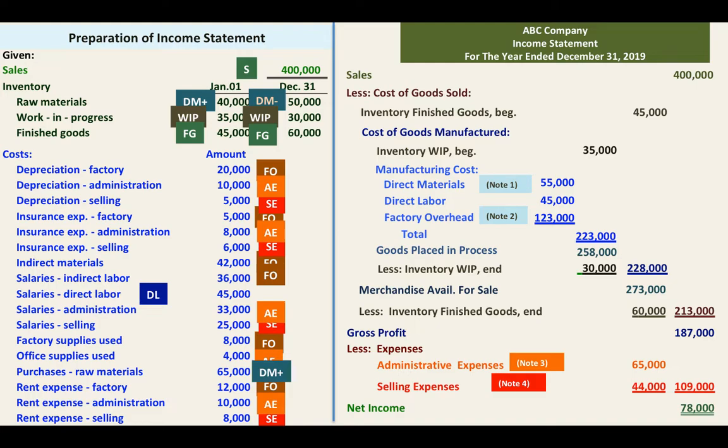At the same time, it will not lose the important information of your income statement. If you want to verify the breakdown of your direct materials or your factory overhead or your administrative expenses or your selling expenses, you just have to refer to the notes.